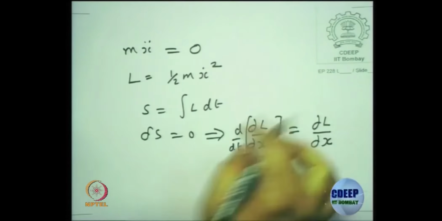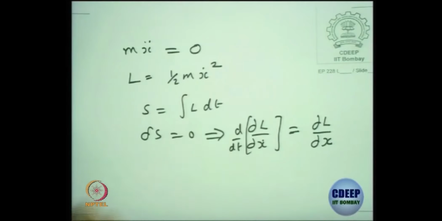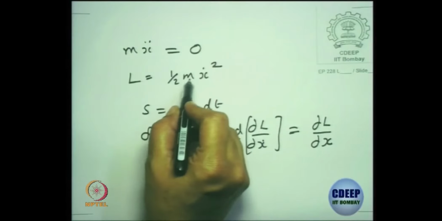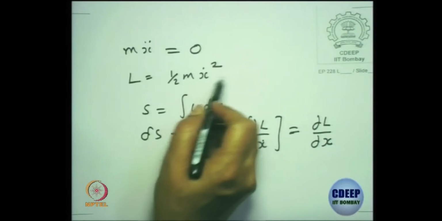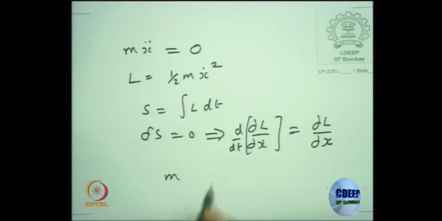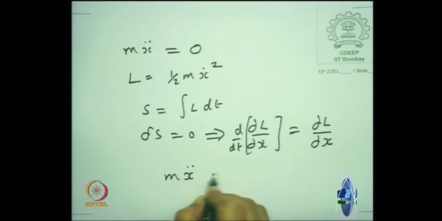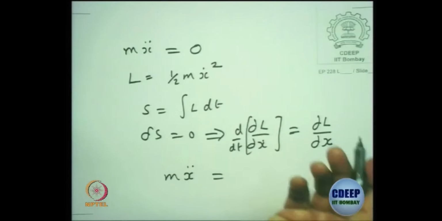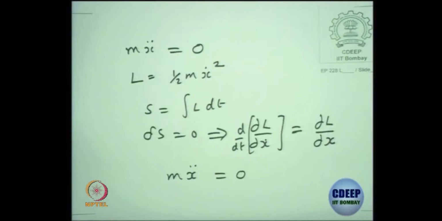If you substitute the given Lagrangian, del by del x dot will give you 2m x dot, and with the half already there, d by dt gives m x double dot, and del L by del x is 0, so that is why you get this equation of motion.